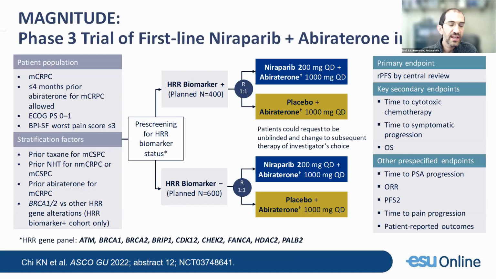Now, the MAGNITUDE study had a different design. Here we were looking at the combination of niraparib plus abiraterone versus abiraterone. Here, this was a biomarker stratified study. So all patients had to have the NGS analysis before randomization, and they were stratified into biomarker negative and biomarker positive groups separately.